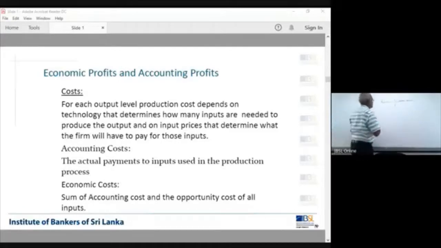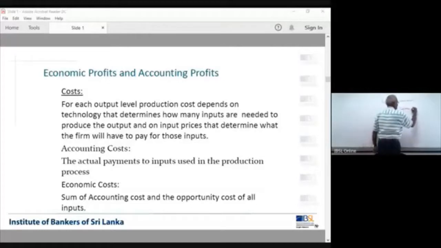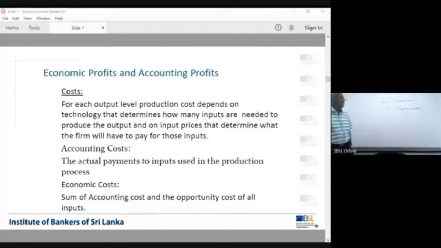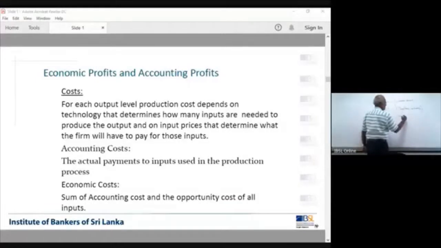Then the cost of production is a function of what? Input prices, right? Input prices or prices of factors, and production technology. Input prices means wages, maybe raw materials, electricity, water, all input prices.